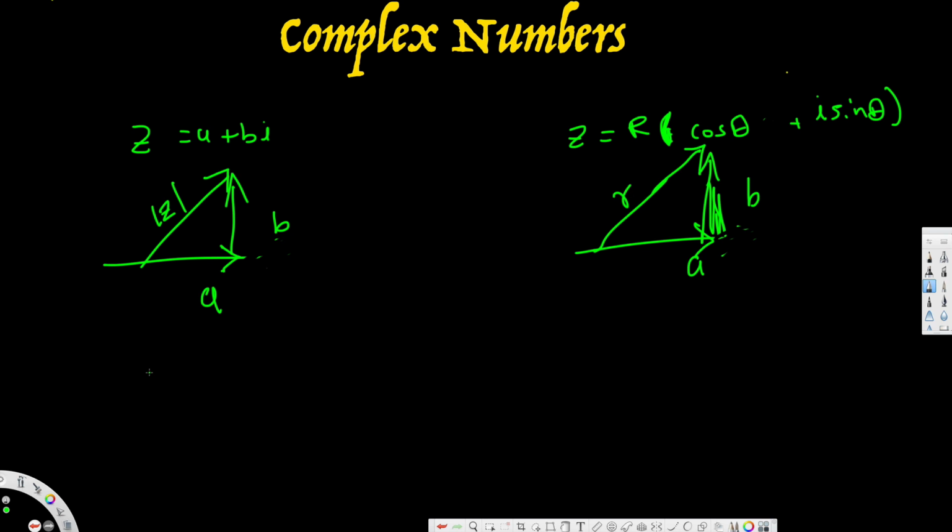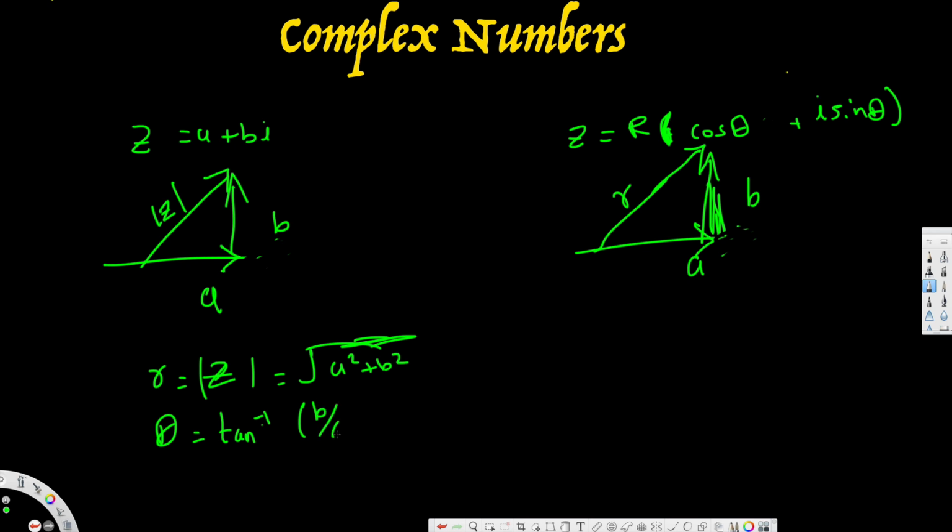There's an equation to find the hypotenuse in polar form: the absolute value of z is equal to, as we've seen before, the square root of a square plus b square. And we can also calculate the angle of the hypotenuse using tan inverse of b over a.